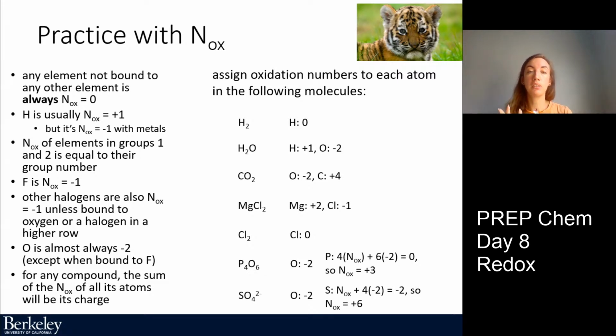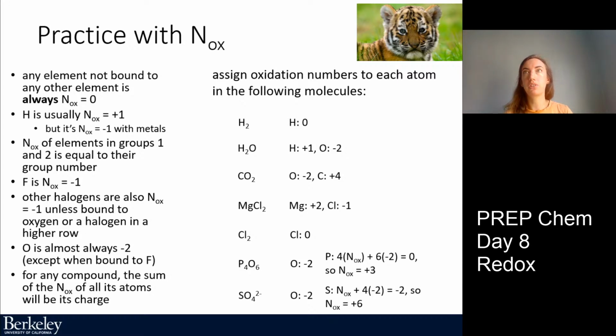Similarly, group 2 elements have 2 valence electrons, so they're going to want to have an oxidation number of +2. And then in that last group, they have 7 valence electrons. They're going to want to gain 1 more and have an oxidation number of -1. So you can use the periodic table for some elements like that to help you remember.